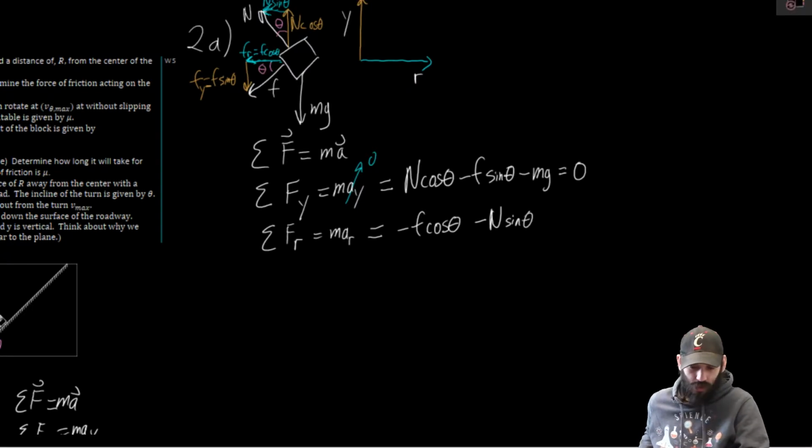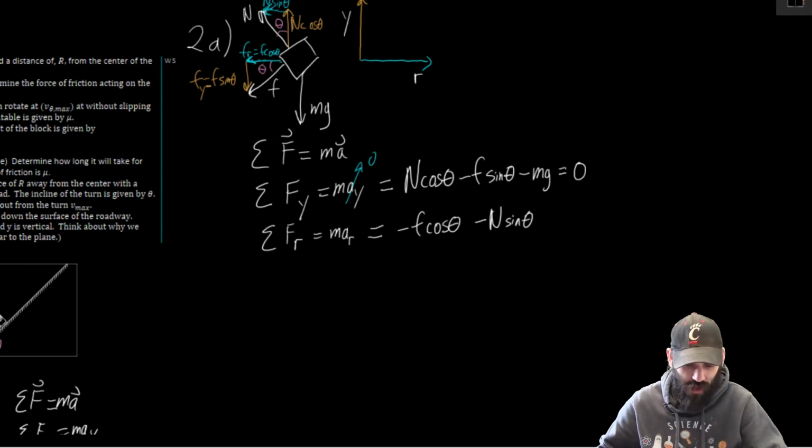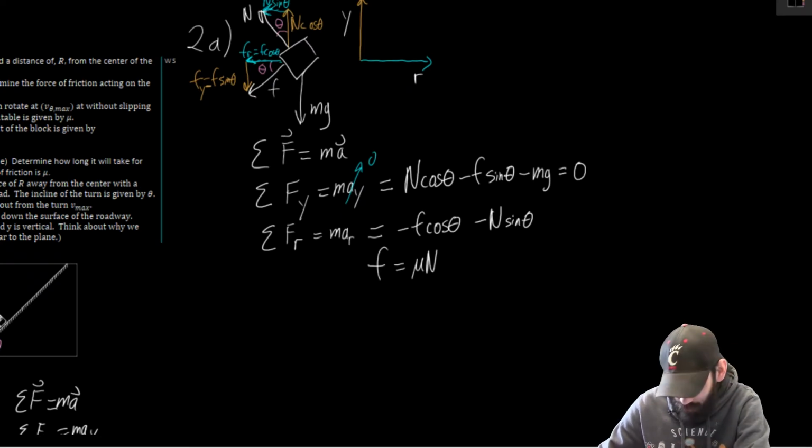Okay, so let's play around with this a little bit more and add some additional information here. For the maximum speed, or the minimum speed, the force of friction is going to be maximized. And so that's to say that the force of friction, F, is going to be equal to mu times n. Additionally, I'll worry about that in a second.